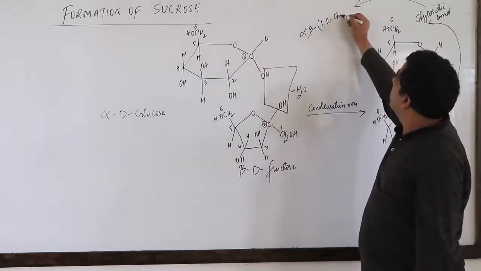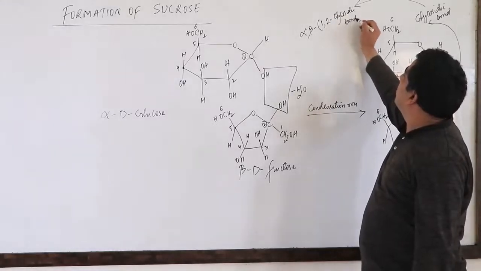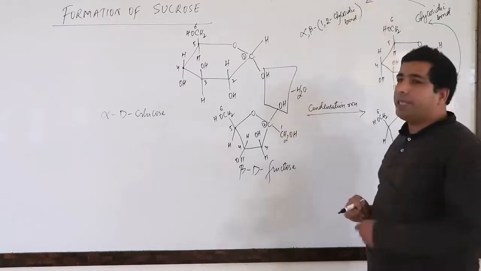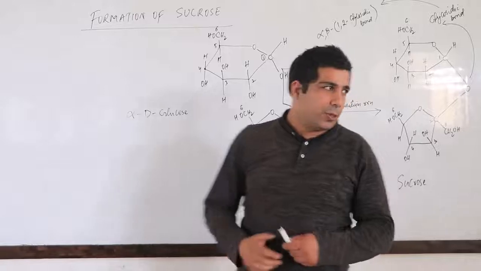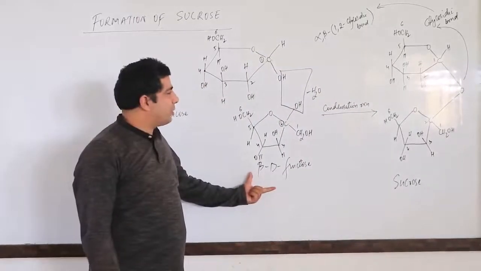Which bond is this? Glycosidic bond. So my dear friends, this is our alpha beta 1 comma 2 glycosidic bond. I hope you have understood that I took alpha D glucose and beta D fructose.